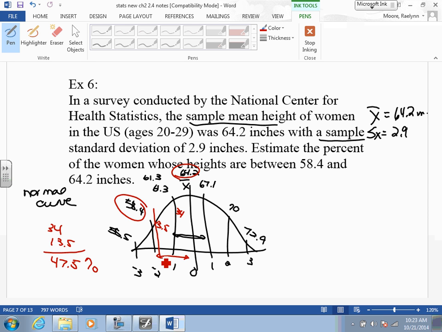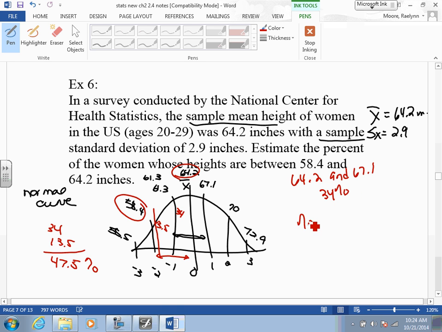Now, estimate how much percent is between 64.2 and 67.1. Approximately what percent of the women's heights fall between 64.2 and 67.1? 34%. Good.